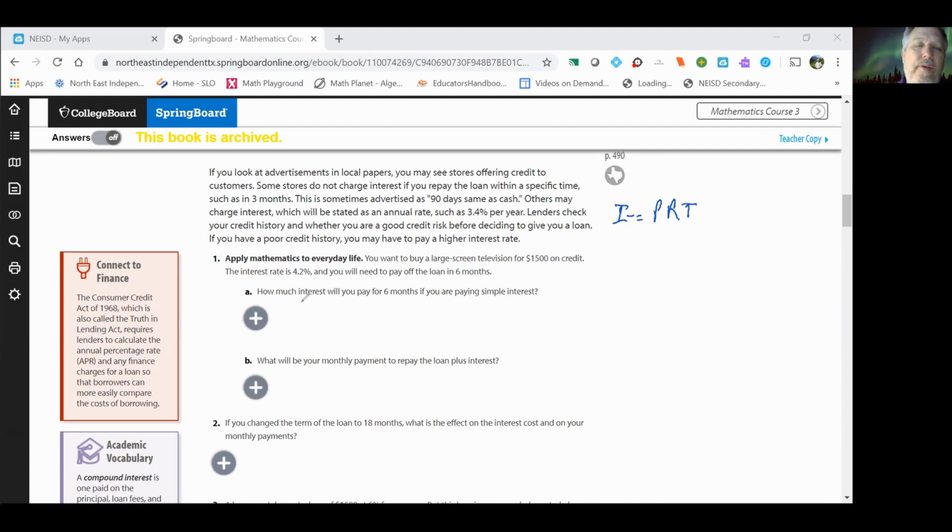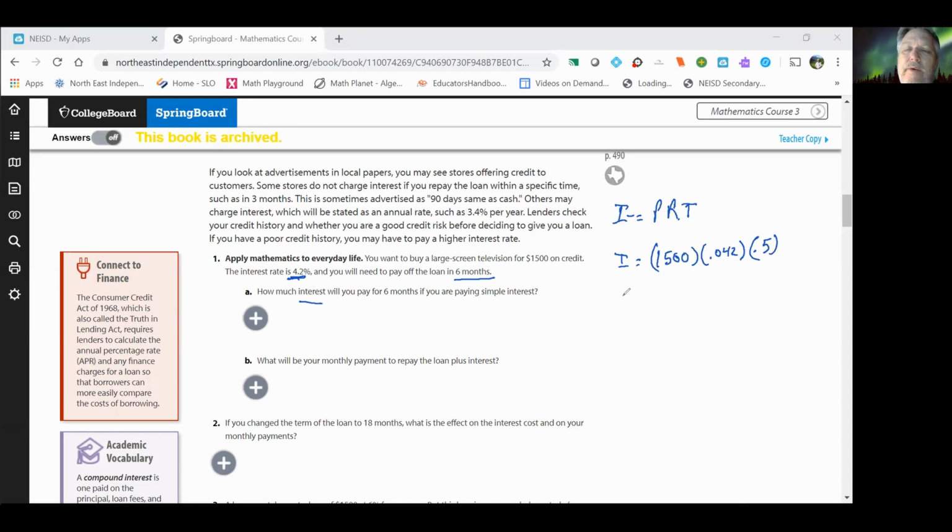If we're solving for the interest, we're solving for I. Then we're going to plug in the principal, which was $1,500. And we're going to multiply that times the rate, which is 4.2%, written as a decimal, 0.042. And of course, the term is 6 months, but it's an annual rate, so we have to have an annual term. So 6 months is going to be a half of a year.